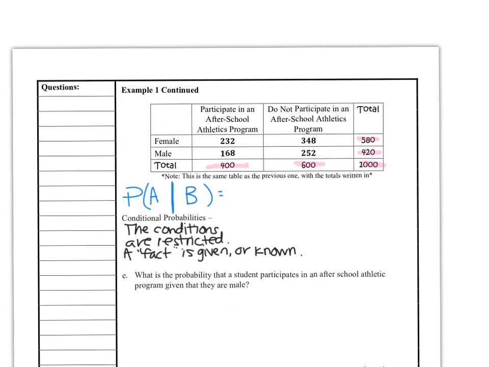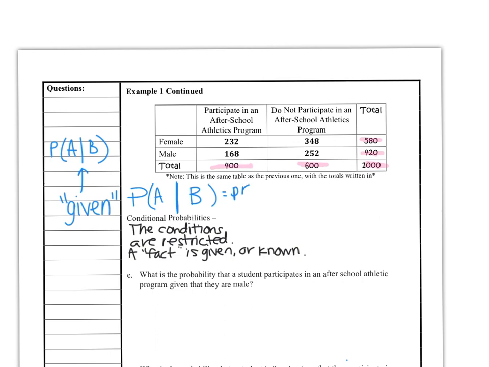But I want you to write this down over here off to the side, that if it says probability of A bar B, that bar literally means the word given. Okay, so we're going to write this out. P parentheses A bar B is not how you say it. You say it as probability of A given B.